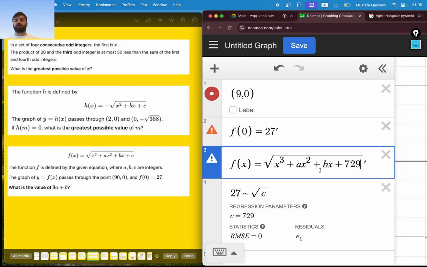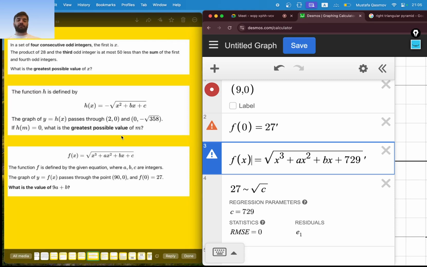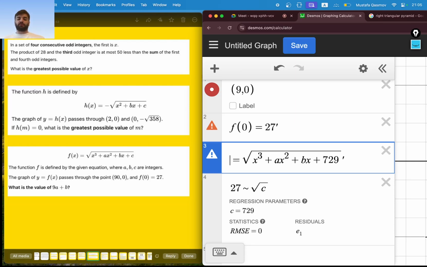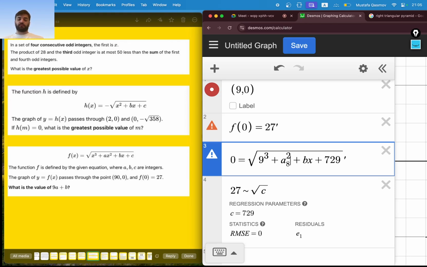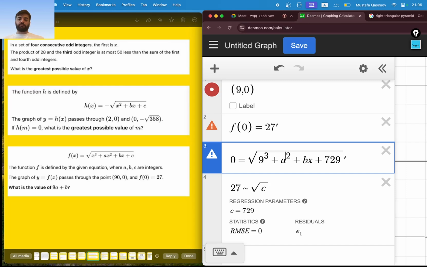After finding this one, you have to write the second point here, 9 and 0. It is 0, it is 9, another 9, and 729.